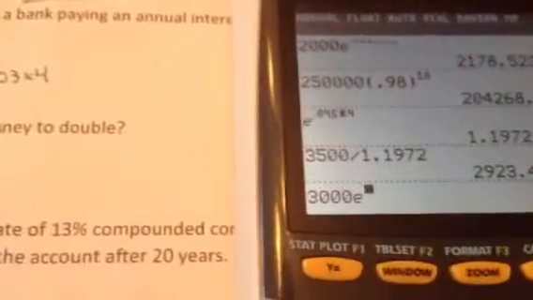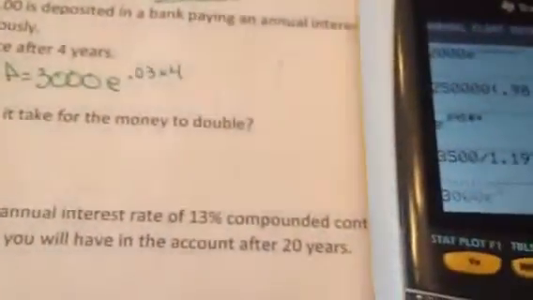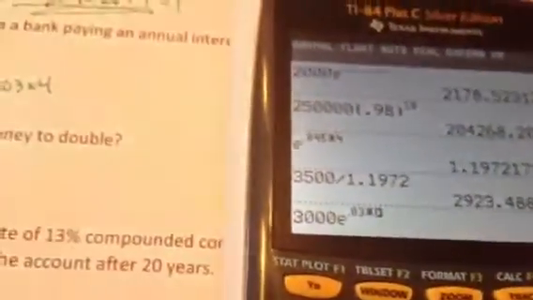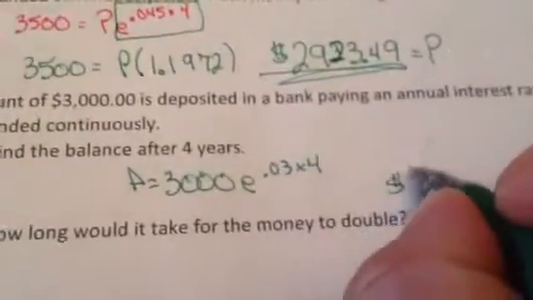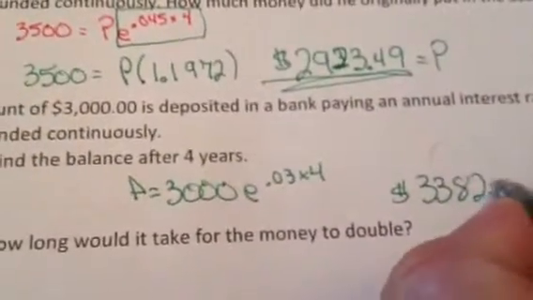All right, so the calculator. And then again, I'm going to type in 0.03 times 4. And when we're done, we get $3,382.49. So that's our new balance.